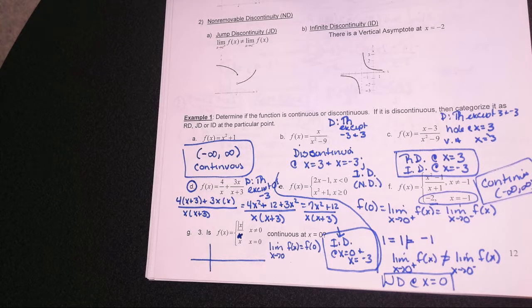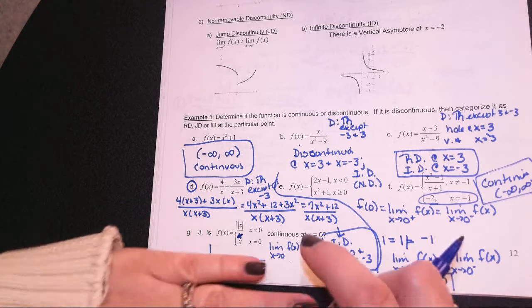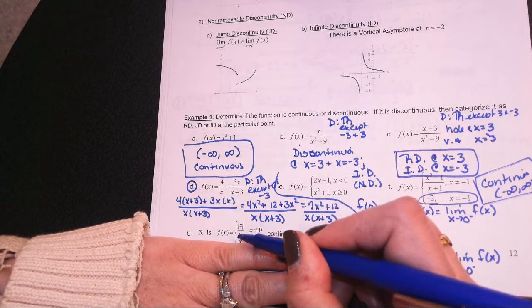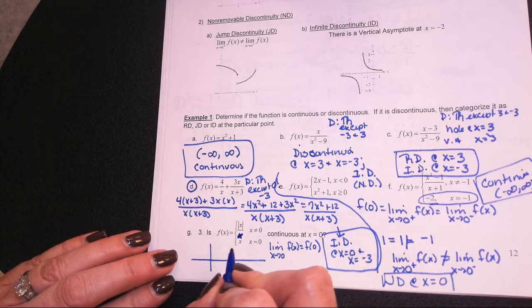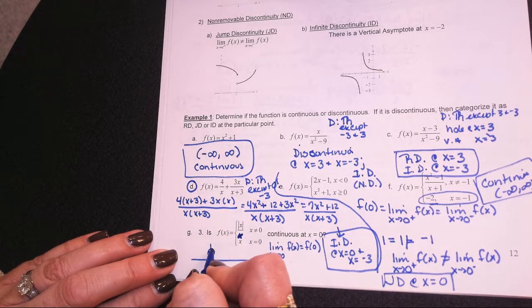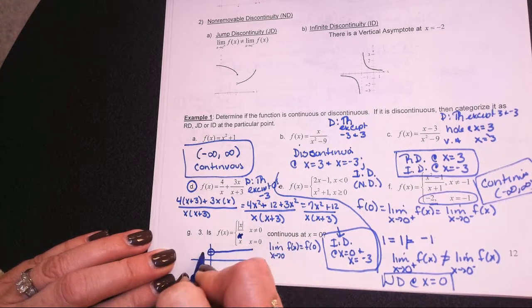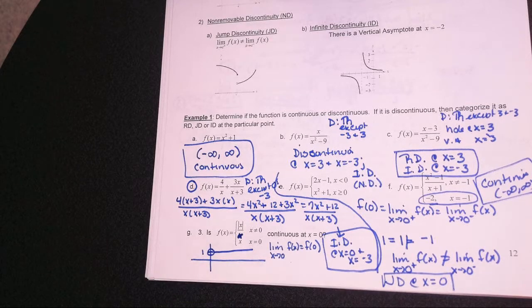What's the absolute value of 3 divided by 3? What's the absolute value of 4 divided by 4? What is the y value if I plug in 0.00001? So you agree with me then? This part of my piecewise function, the absolute value of x over x, is not defined at 0, but everything is going to be equal to 1. So for all my x values greater than 0, I'm getting outputs of 1.